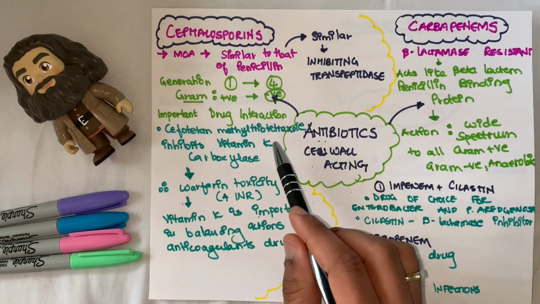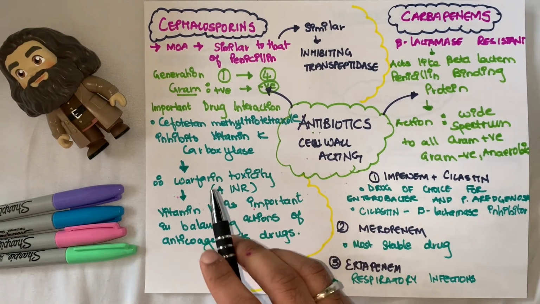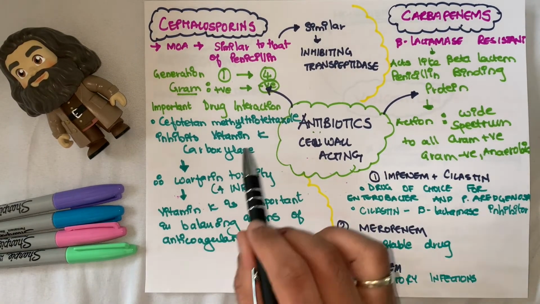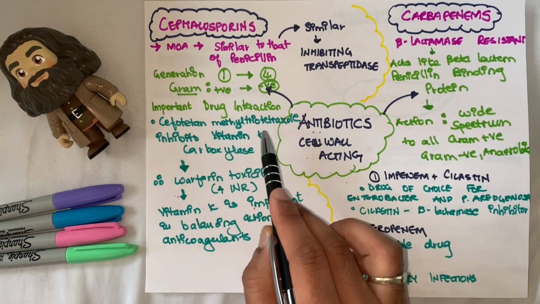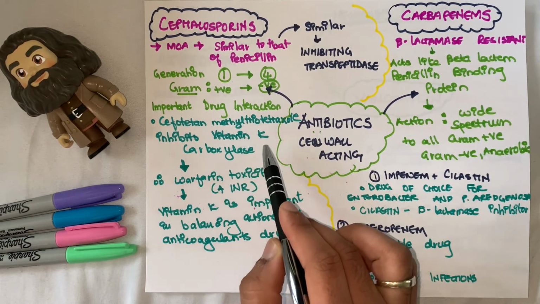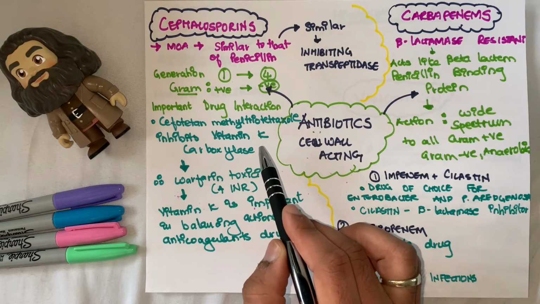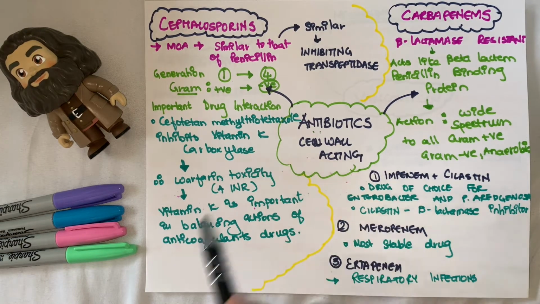Wow, that's a lot of information. What does that mean? Well, first of all, we need to understand what vitamin K does in our bodies. See, vitamin K is significantly important in balancing anticoagulant effects. What does that mean? Well, anticoagulation means blood thinning drugs, drugs that allow us to bleed longer and longer.